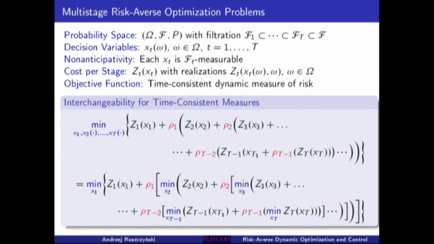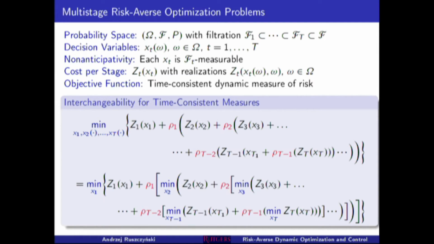Now, how can we use these dynamic risk measures in multi-stage optimization problems? Okay? So suppose now that we have a probability space with this filtration from F1 to Ft. These are sigma fields here. And we have now decision variables x at each state, x indexed by time. Okay?